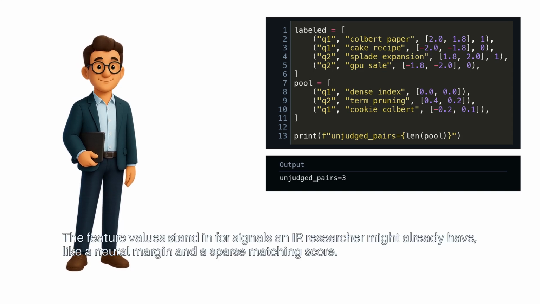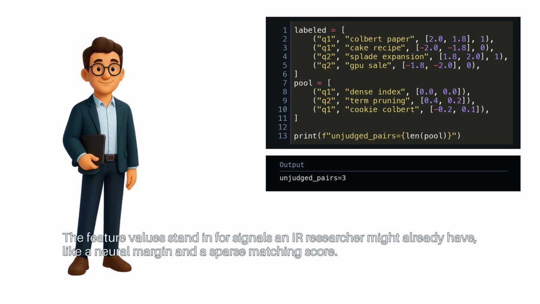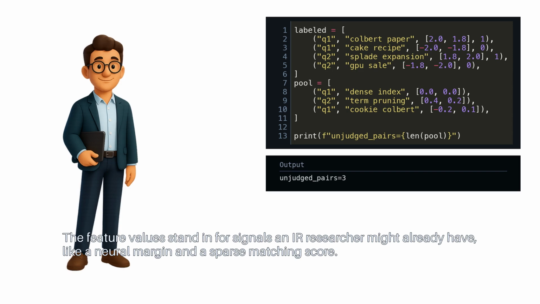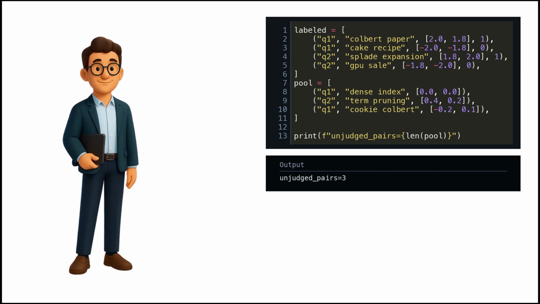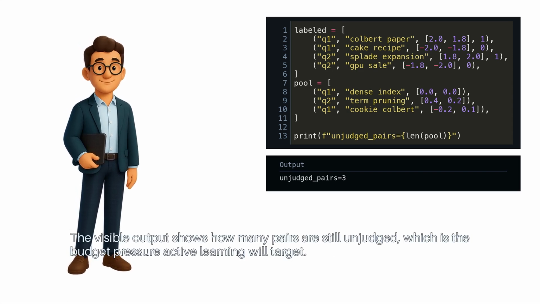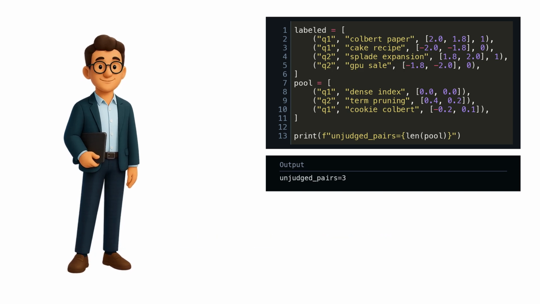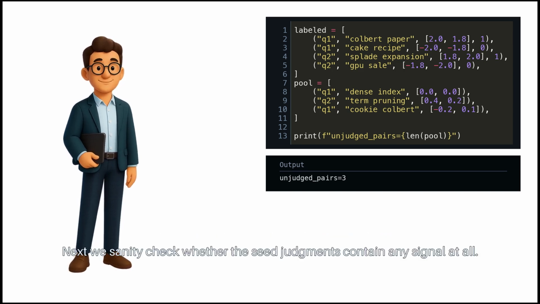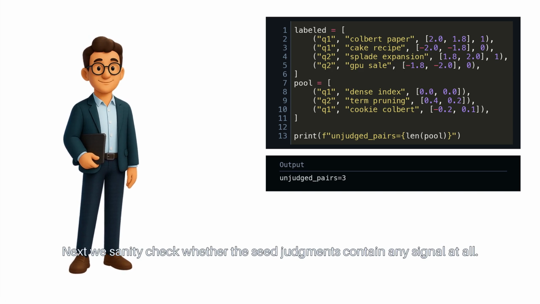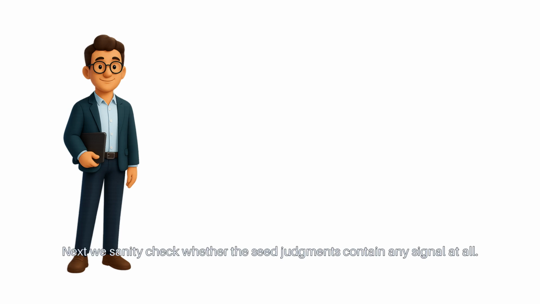The feature values stand in for signals an IR researcher might already have, like a neural margin and a sparse matching score. The visible output shows how many pairs are still unjudged, which is the budget pressure active learning will target. Next, we sanity check whether the seed judgments contain any signal at all.